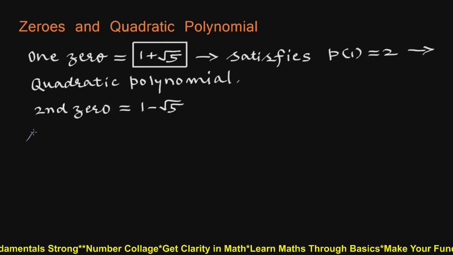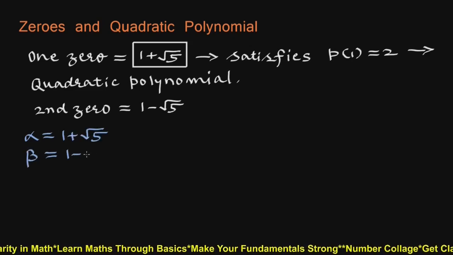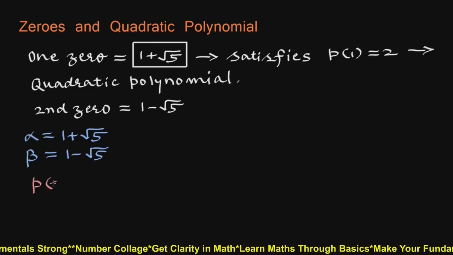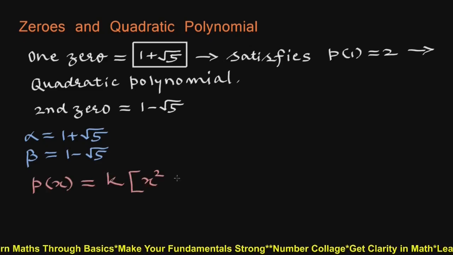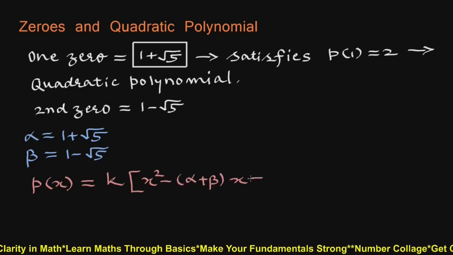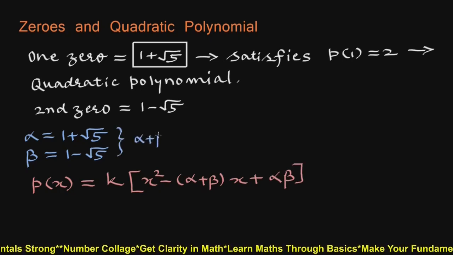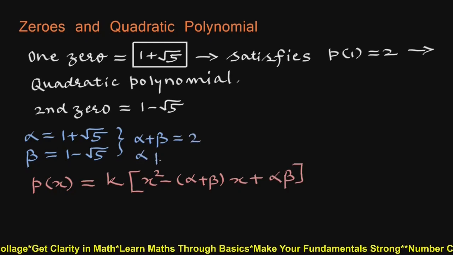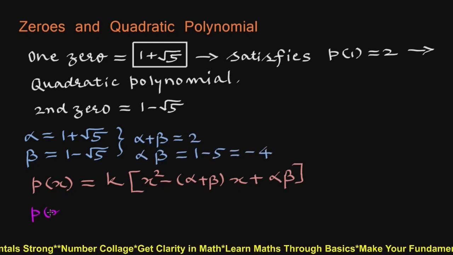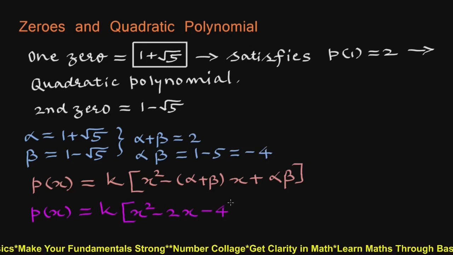Therefore, if alpha is 1 plus root 5, beta will be 1 minus root 5, and the required quadratic polynomial p(x) will be k times x square minus alpha plus beta x plus alpha beta. Now from here, alpha plus beta will be 2, and alpha beta is 1 minus 5, which is minus 4. So p(x) will be k times x square minus 2x minus 4.